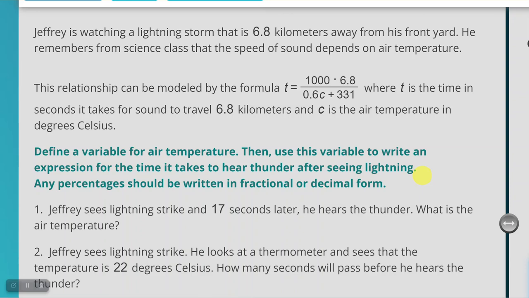Oh, fancy formula. Define a variable for the air temperature. Then use this variable to write an expression for the time it takes to hear thunder after seeing lightning.